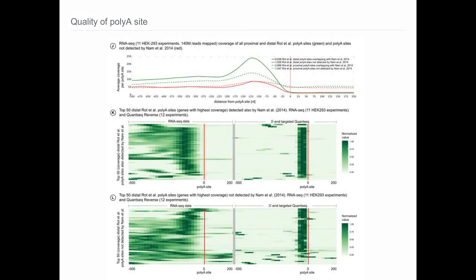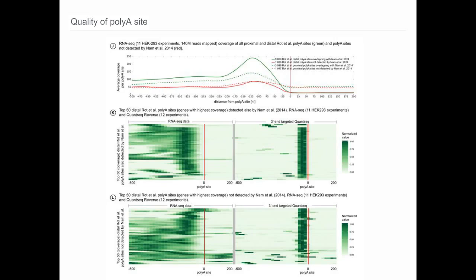Next, we took our RNA-Seq data sets, classic RNA-Seq from HEK cells, since our experiments were also in HEK cells, and we were interested to see if we look at the coverage of the RNA-Seq just upstream of the detected polyA sites, whether the coverage is dropping.